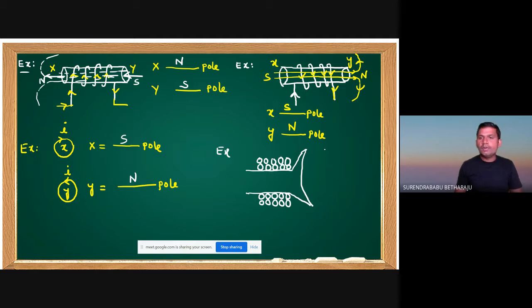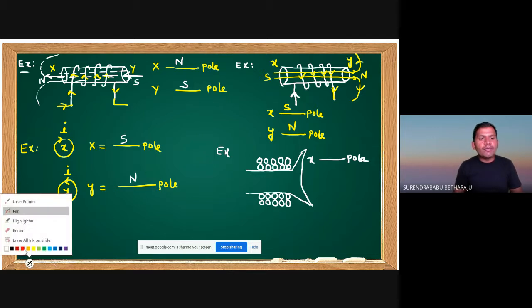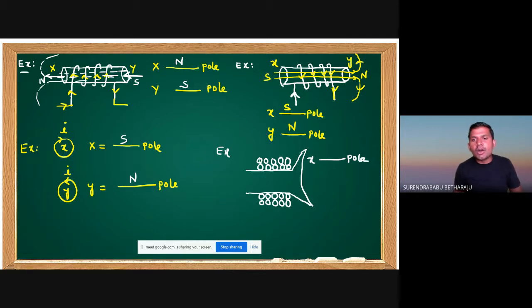And let this magnet be X magnet. This X is a pole. And the winding is represented. This is the dot. At this winding, a dot means automatically the other side is a cross.